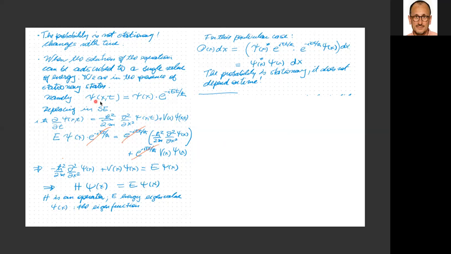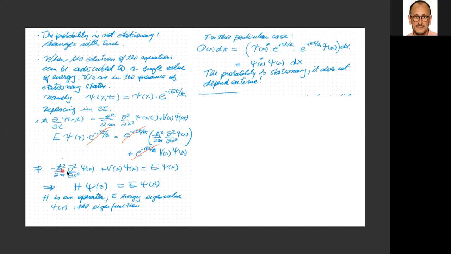So phi of x and t is now a solution to this, and the time dependence can be written in this way. If it can be written in this way, I can actually separate variables. That's the key point here, because the exponentials cancel out everywhere, and I have this second equation here, which is not dependent on time. It's only dependent on x.